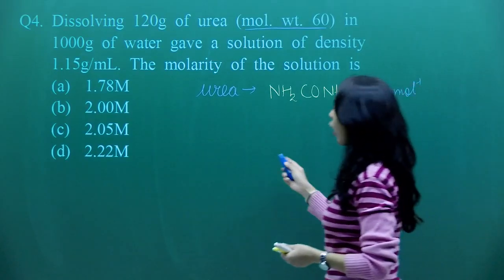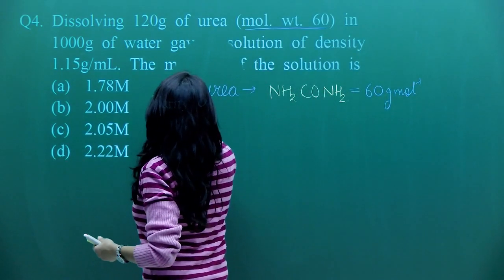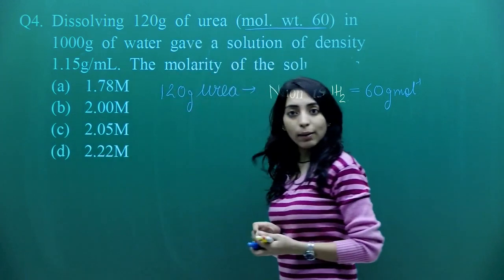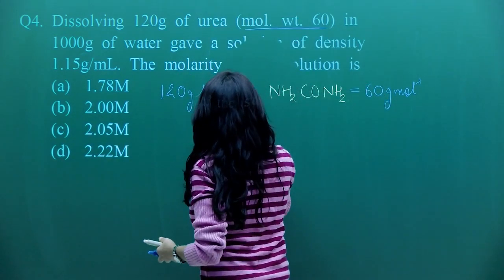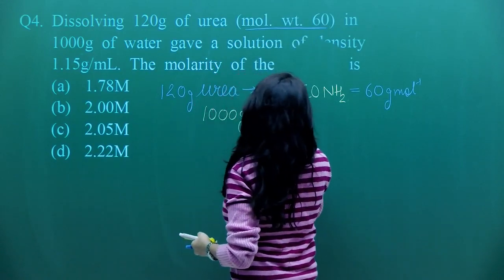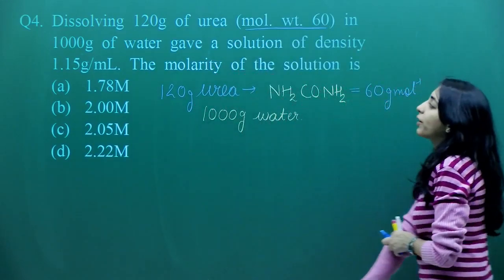Now 120 grams of urea has been dissolved in 1000 grams of water. So you have taken how much urea? 120 grams of urea, and it has been dissolved in 1000 grams of water.